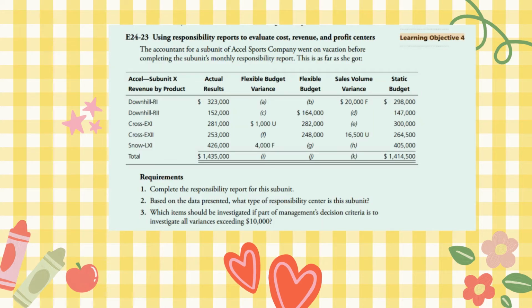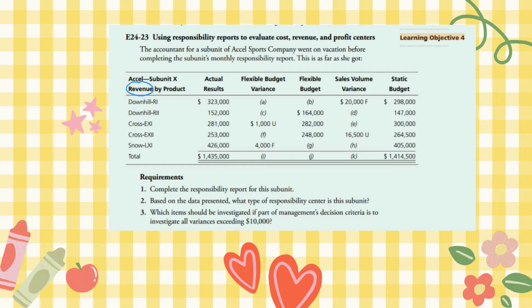The accountant for a subunit of Axel Sports Company went on vacation before completing the subunit's monthly responsibility report. This is as far as she got. Okay, so we have Axel subunit X revenue by product.